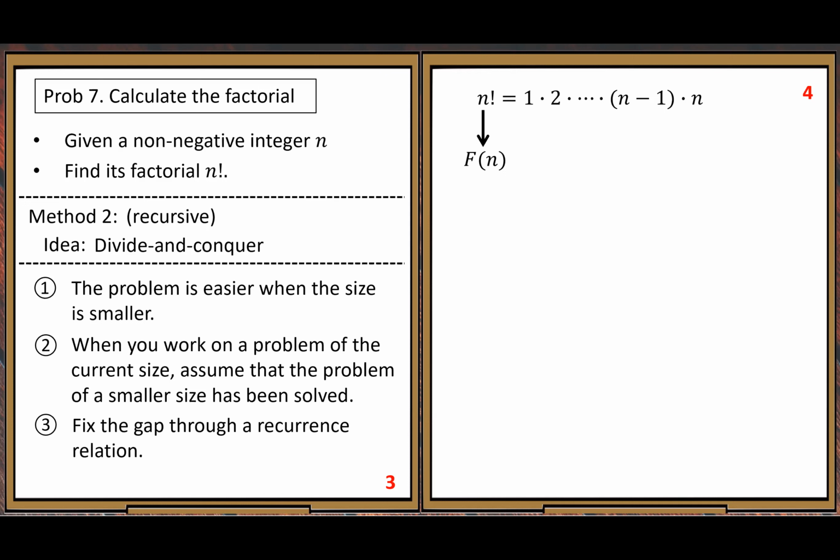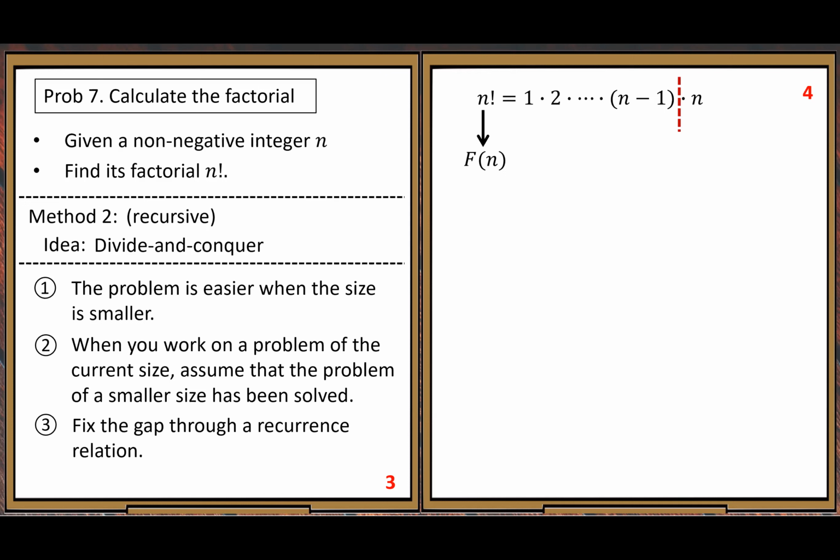How to develop it? From the expression, we observe, try to find some property, and use the 3 steps to develop the recursive formula.